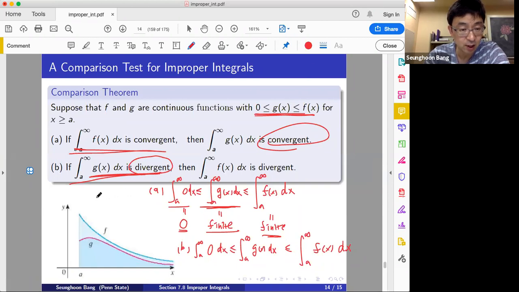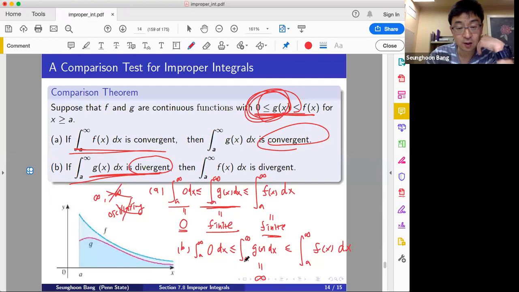What are the possibilities? Infinity, minus infinity, oscillating. Minus infinity is impossible because only a positive function has a positive integral. Oscillating is impossible because the function is always positive, so the integral is increasing. So only one possibility, infinity. The improper integral of g of x dx is infinity.